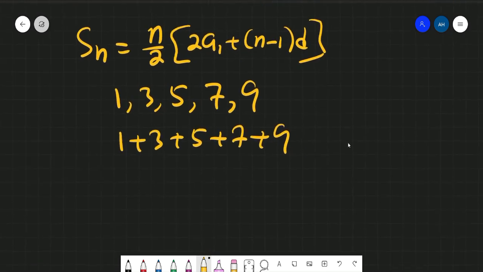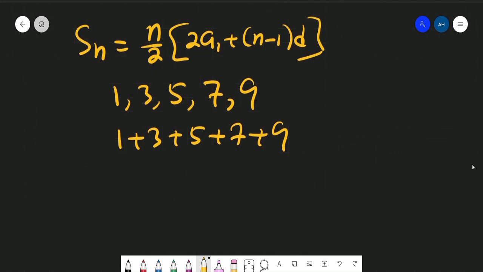Now the question is, we want to find the sum. If we add them up together, what is the value? What is the sum? Now we can use this formula to find the sum.